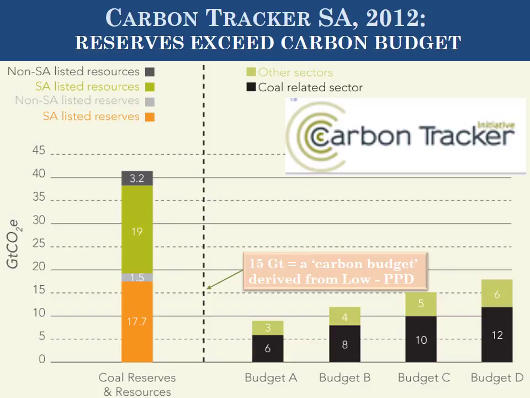This coal carbon is compared to 4 potential carbon budgets for South Africa, the 4 columns on the right, with 2/3 of total budgets allocated for coal. For example, the total national budget of 18 gigatons, far right, would not accommodate more than 12 gigatons of emission from coal from 2010 onwards.